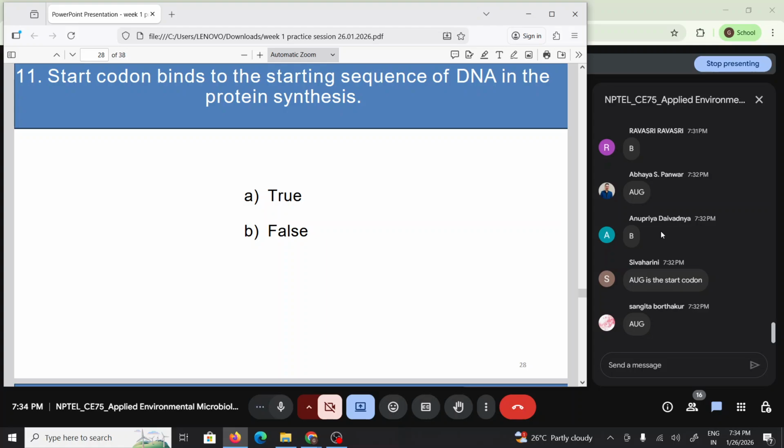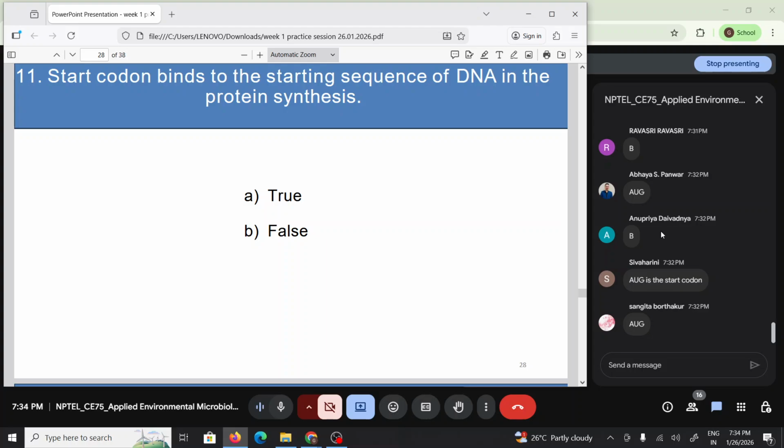So basically, in any nucleic acid, you can find four nucleotides: adenine, thymine, guanine, and cytosine. In case of DNA, you have ATGC, and in case of RNA, you have AUGC. It's not thymine, it's uracil.